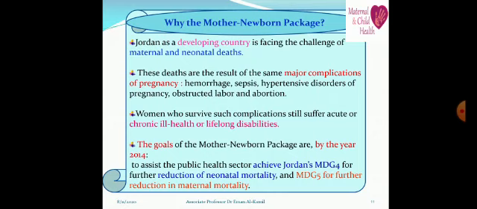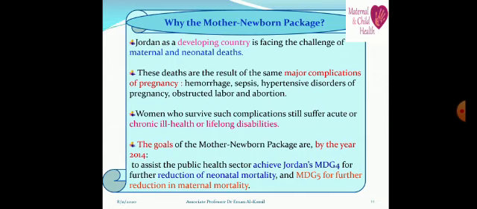So the main goals of the mother and newborn package, set for the year 2014, are that Jordan should achieve Jordan's Millennium Developmental Goal for further reduction in neonatal mortality.